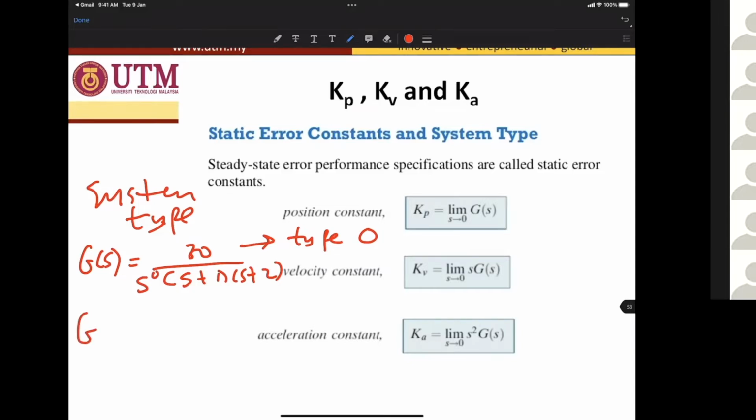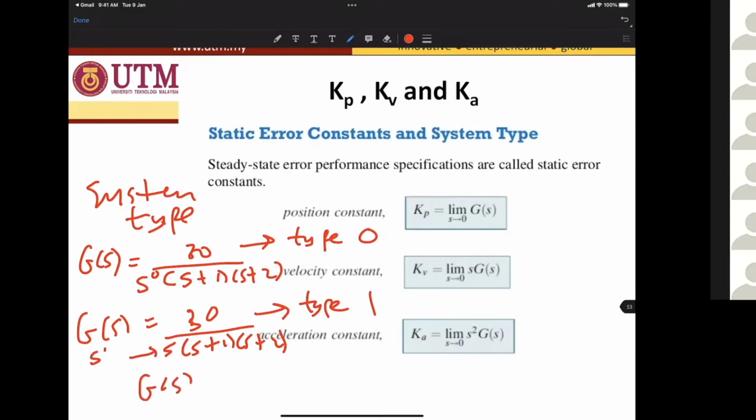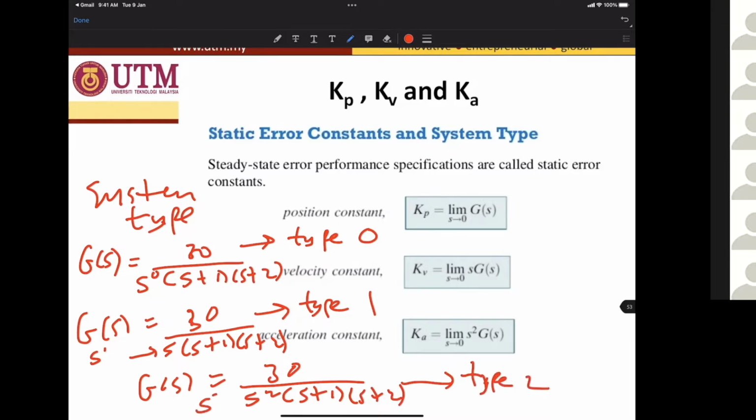Kalau dia bagi satu contoh, 30 over S plus 1 S plus 2, ini kita panggil dia sebagai type 1 sebab ini adalah S kuasa 1. Seterusnya adalah 30 over S square S plus 1 S plus 2, so ini adalah type 2, because pembawa dia adalah S kuasa 2.